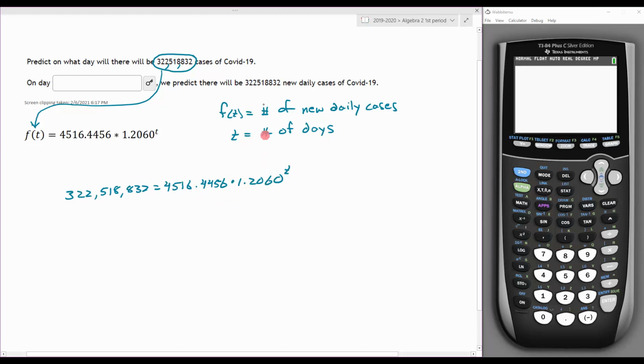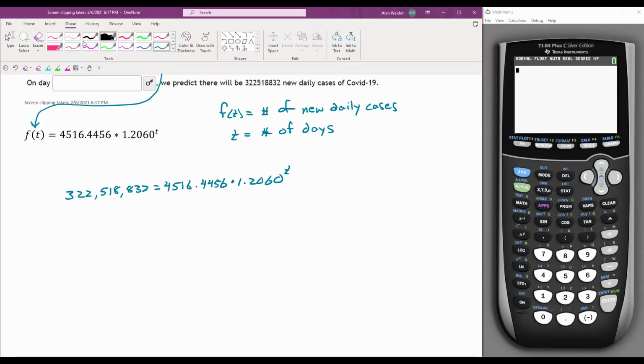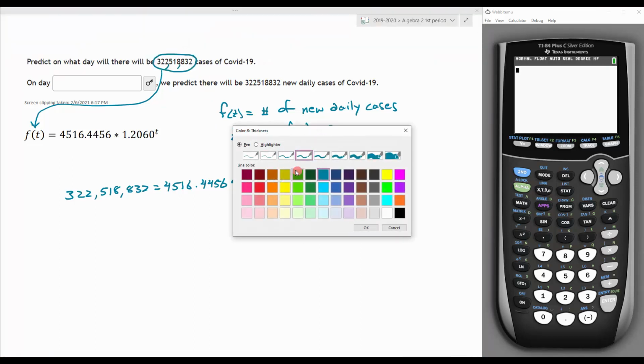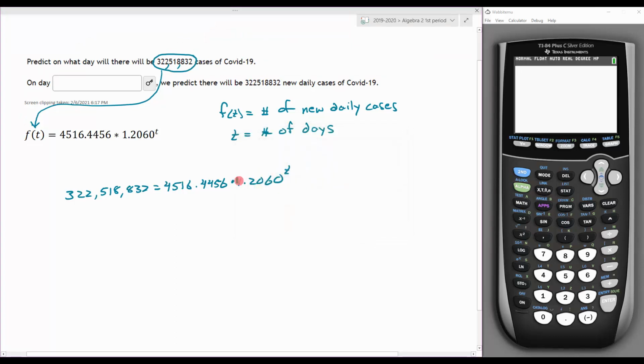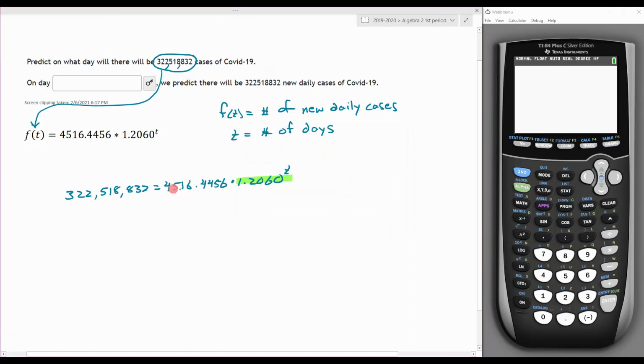You'll notice this part of the equation, let me highlight it because I say this and I know you can't see it. Let me get my highlighter out here. This part of the equation is the exponential part, and we want to isolate that so that it's by itself. So that means I want to get rid of this 4,516.4456.